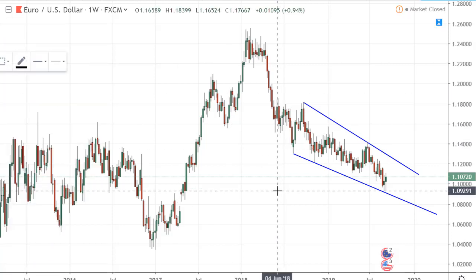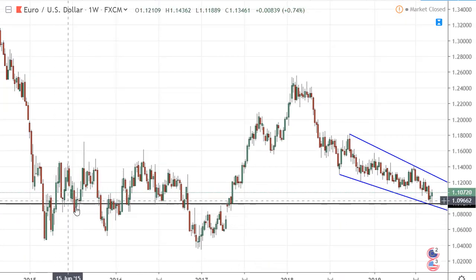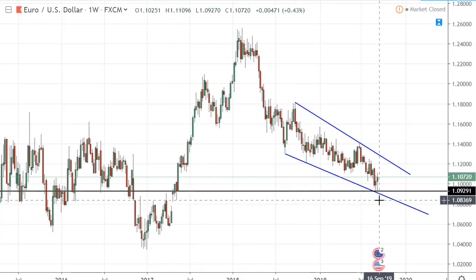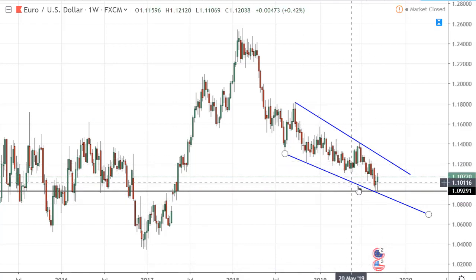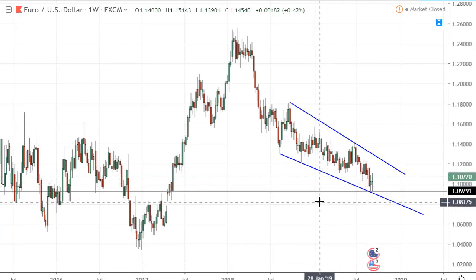Also, looking at this in the past, we found some kind of support in this area and some kind of resistance, and again we are at this area, so that is quite an interesting convergence pattern, if you ask me.